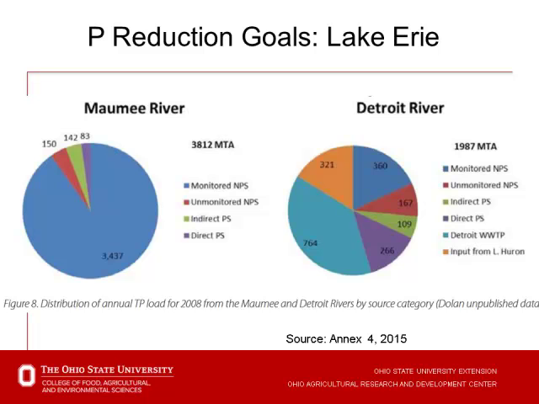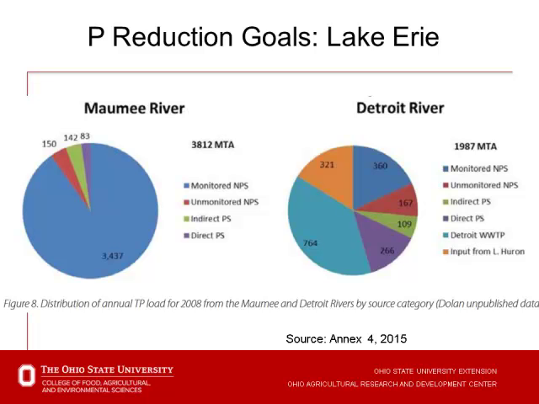The Annex 4 information comes off of the report, and if you have any interest at all, it's a good place to go look and see what's being defined as the problem. The values are divided up by watershed, looking at the contributions from each, and here we're focusing on the Maumee River and the Detroit River.